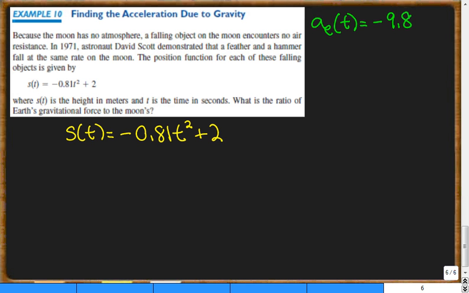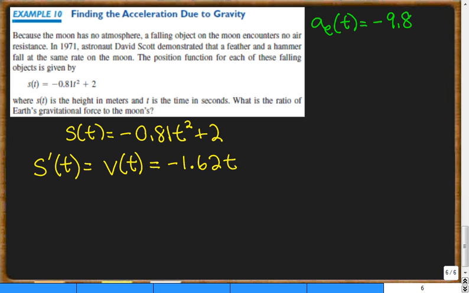So first off, if we have position, we can find velocity. So the derivative of position gives us velocity. So let's take the derivative of the function on top. We'll get 2 times negative 0.81, which will give us negative 1.62 t plus 0. So that is our function for velocity.